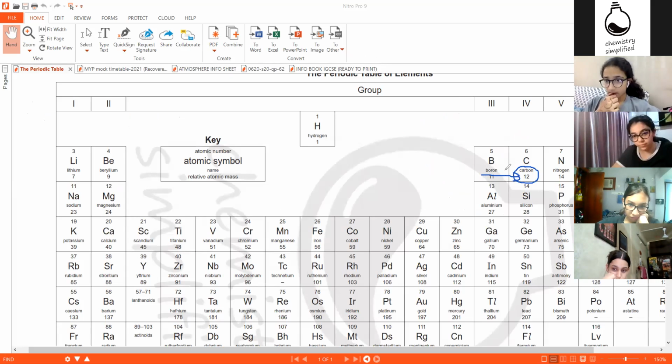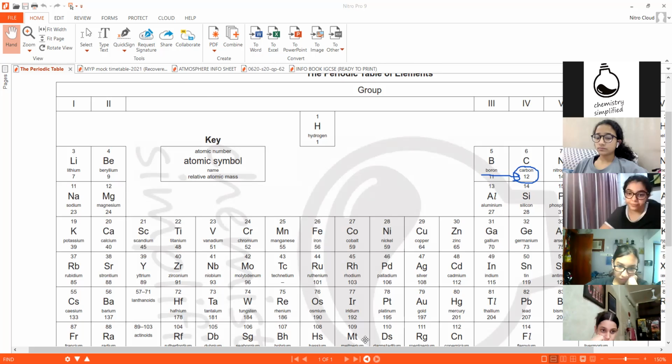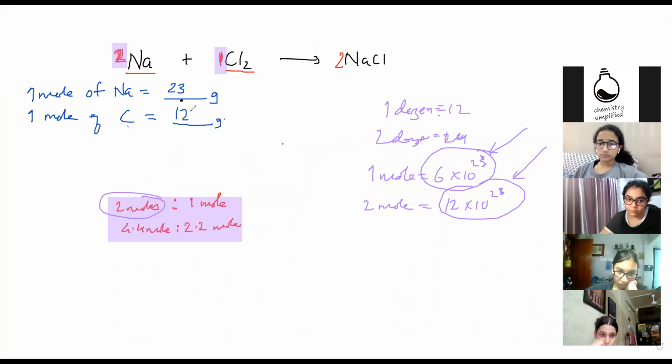Okay. So I should take 12 grams of carbon. 12 grams of carbon will have 1 mole of carbon atoms in that. So similarly, if I have to take 1 mole of magnesium, how many grams of magnesium should I take?